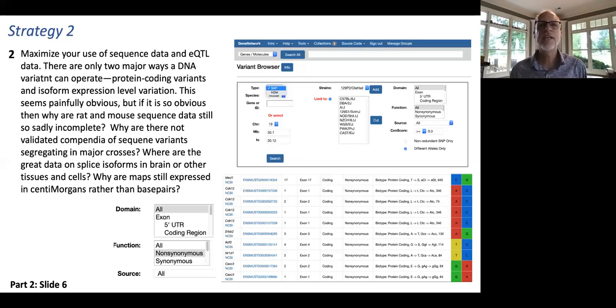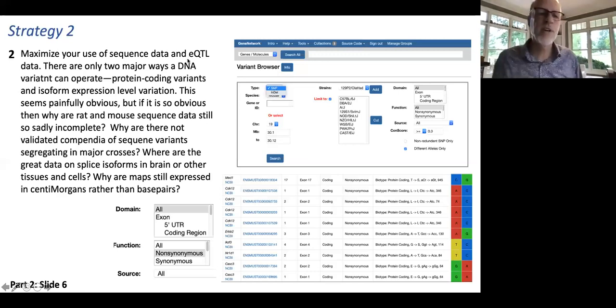So in 1999, when we had this problem, we decided, okay, to get this to scale, we have to build resources that make this possible, not just for one particular QTL, but across the whole genome. And that's been a major motivation for my work. So getting the DNA variants is certainly much more feasible now.